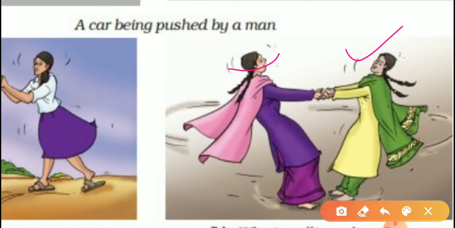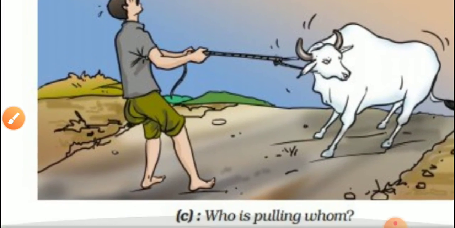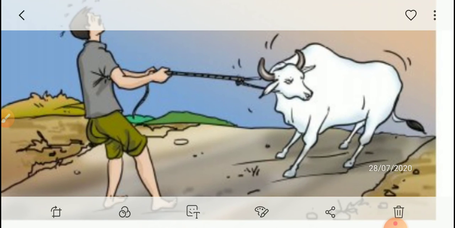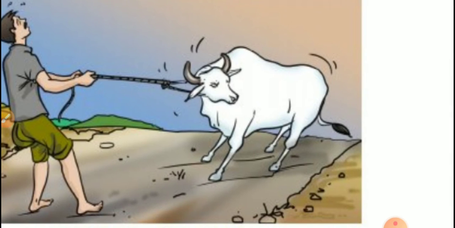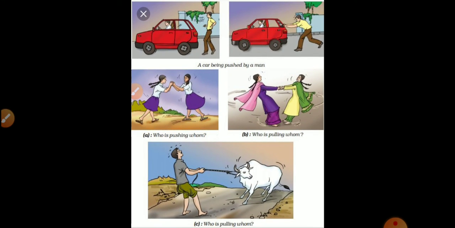The forces get balanced, F1, F2 get balanced. So it is the muscular force. Therefore muscular force is a contact force. Next example, who is pulling whom? Both are pulling. So here also muscular force. Therefore this is also an example of contact force. So these are all examples of contact forces.